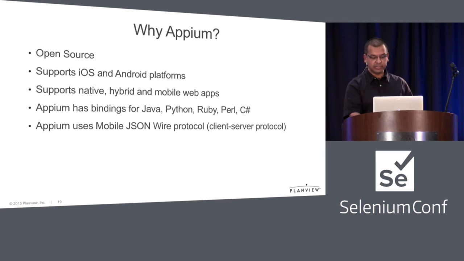Using Appium, test automation on native, hybrid, as well as mobile web apps is possible. Appium provides bindings for multiple languages. And Appium uses the mobile JSON wire protocol, which is an extension to Selenium's JSON wire protocol used for client-server communication.